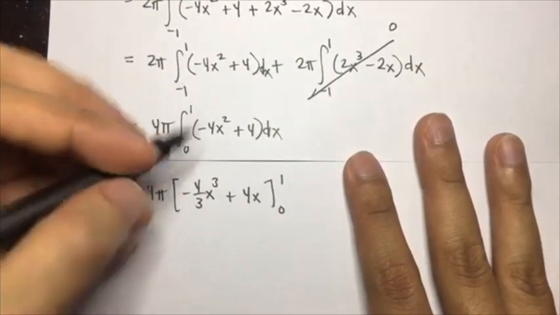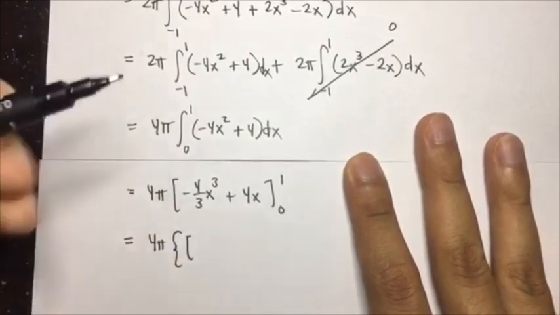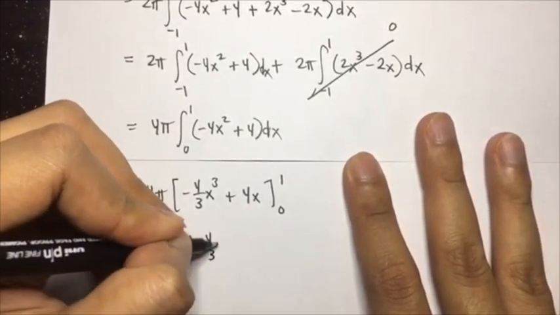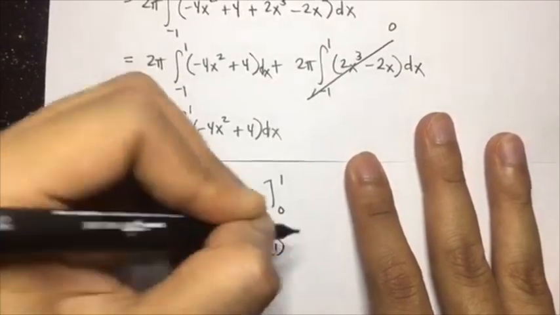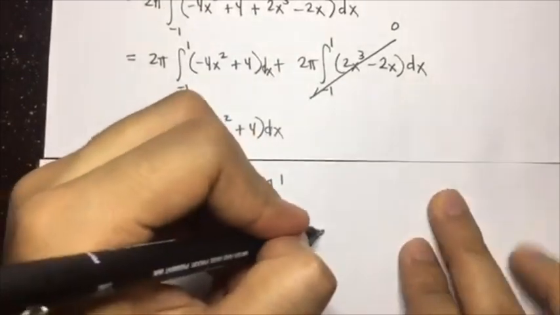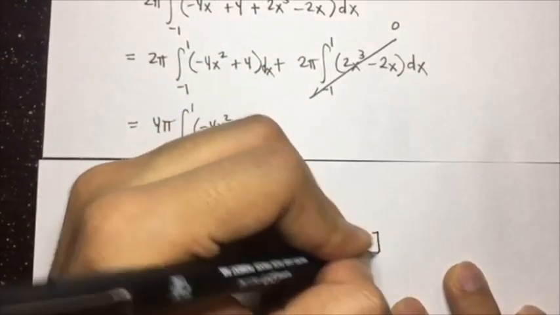Substituting the limits, we'll have 4 pi, substituting the upper limit, -4 over 3 times 1 cubed plus 4 times 1, minus, substituting 0, you will get 0 plus 0.